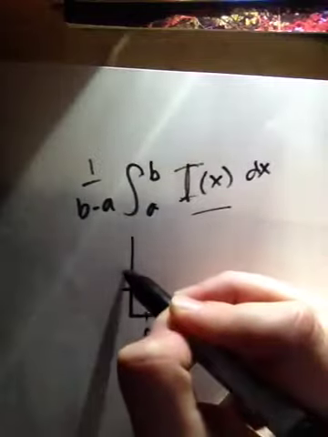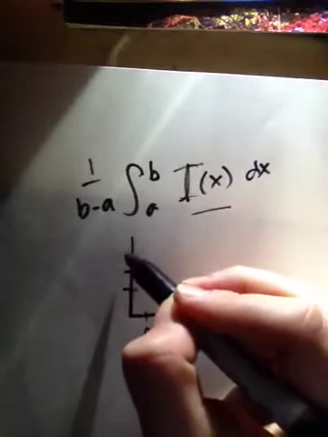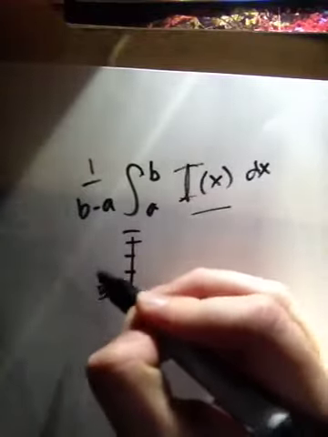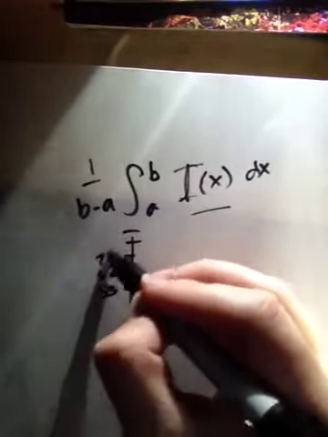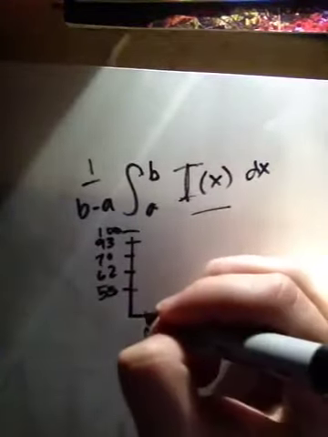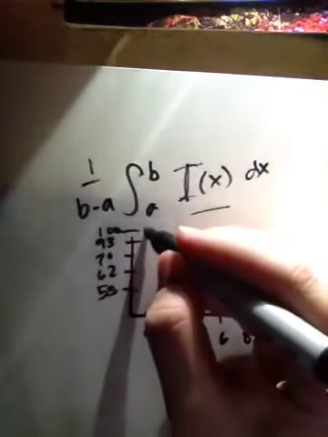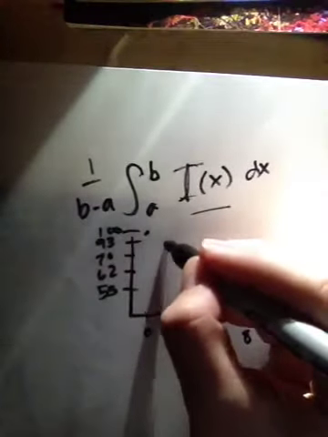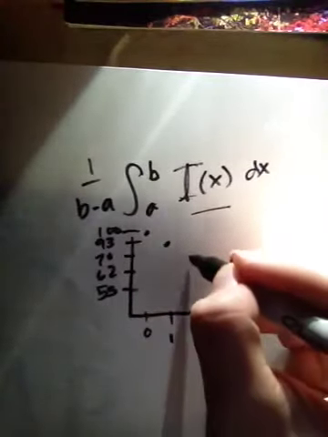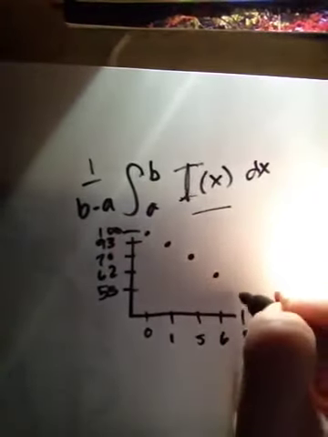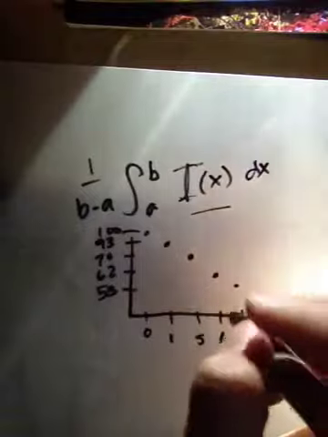I just like to get an idea of the shape of things. Okay, so at 0 you have 100, at 1 you have 93, at 5 you have 70, at 6 you have 62, and at 8 you have 55, and keep in mind this is not drawn to scale.